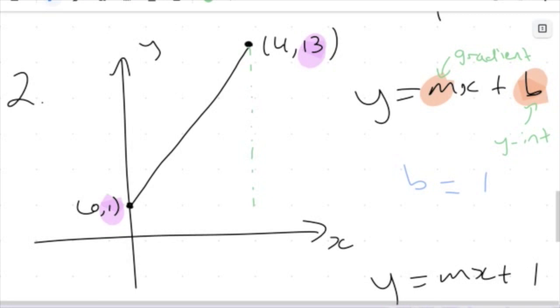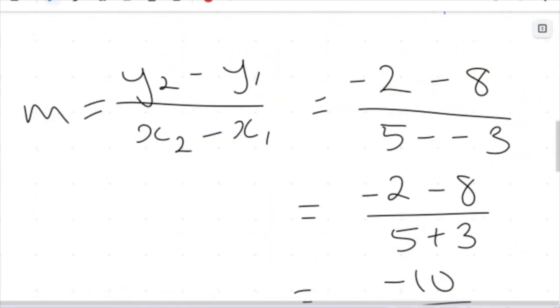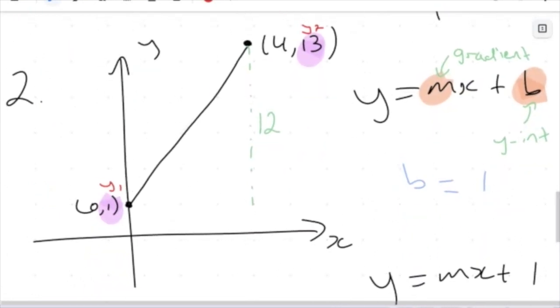So I want to see how many units I have actually traveled. Well, the difference between 13 and 1, or y2 minus y1, if we think of this as y2 and this one as y1, that's going to give me 12. So looking at this visually, or using my y2 minus y1 over x2 minus x1, I still get 12 both times.